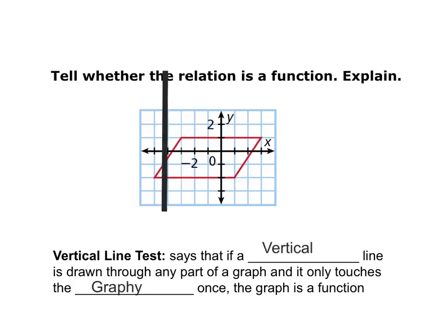So you can think about doing this with your pencil and drag it through my image. So at any point here, so if I stop, like right here, you'll notice that it's touching the graph here and it's touching the graph here, which means at that point there are two y values for one assigned x value, because when we're looking at x values, they're all going to be the same lined up vertically. So this would not be a function because it doesn't pass the vertical line test.